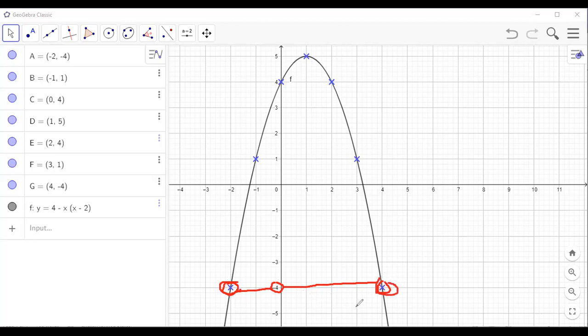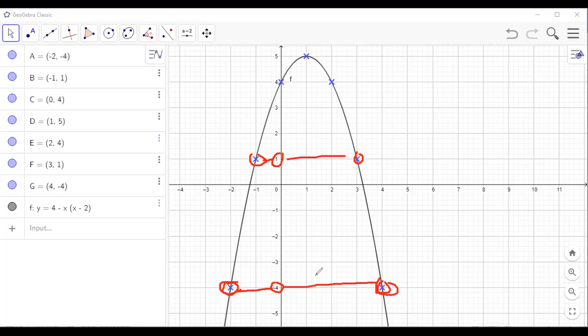Now y varies to 1. So y varies to 1 means here is y value 1, right? Y is 1. Now you can see when y comes to 1, where is the graph? The graph is here and also here, right?